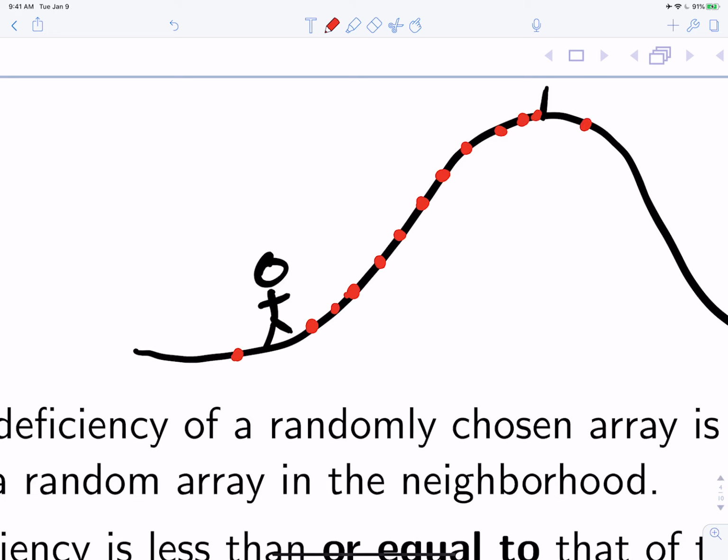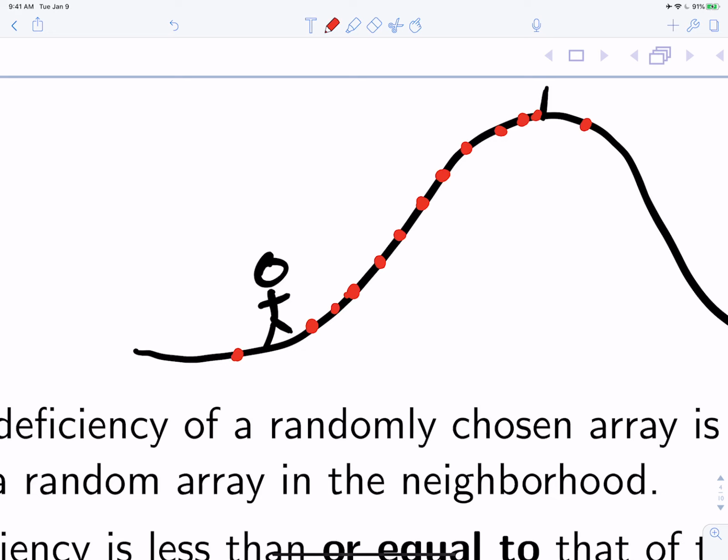So which one of those last two is better? The one that's very close to the top or the one further to the right? Imagine that the one on the right is lower than the one on the top. Which one of those two is better? Yeah, the one on the top, because it's higher up on the hill.